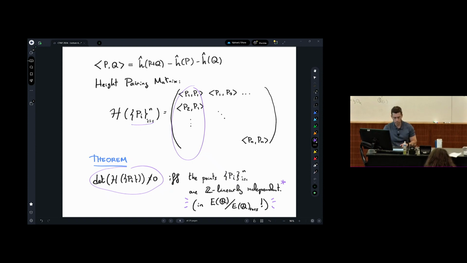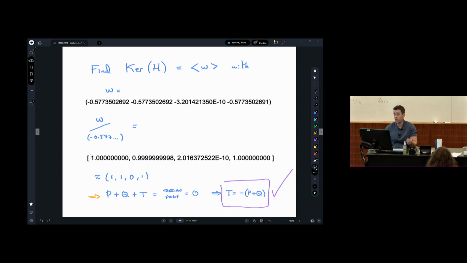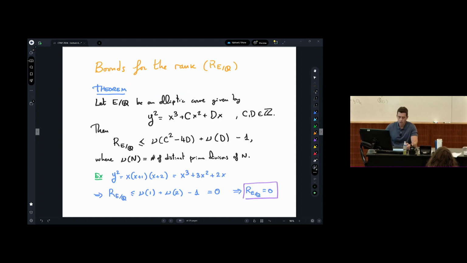I haven't proved it here, but the actual vectors with integer coefficients in the kernel give you algebraic relations between the points. And that's how we prove independence, how we find dependencies.